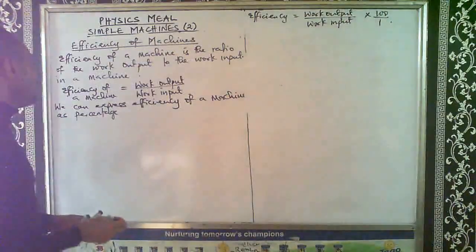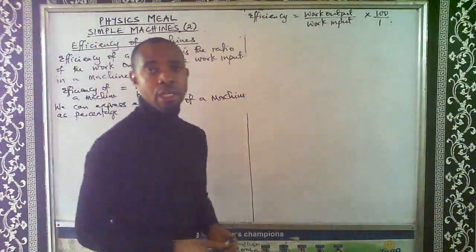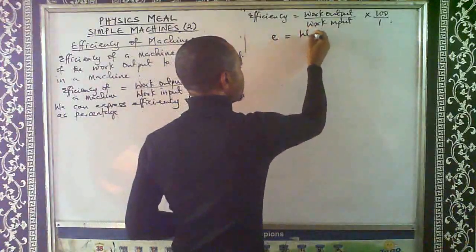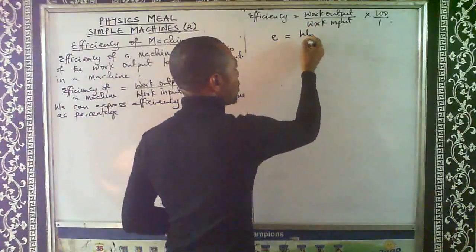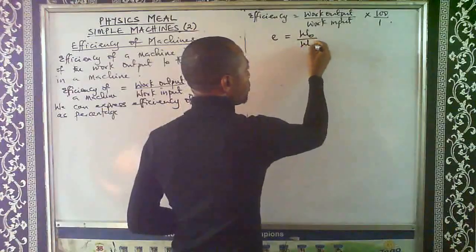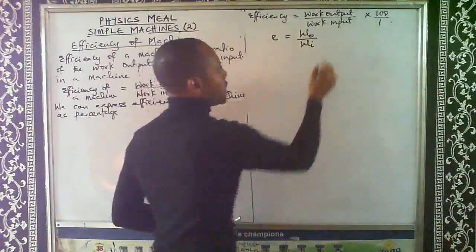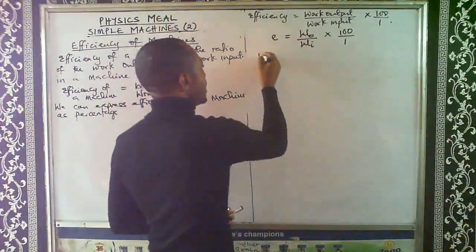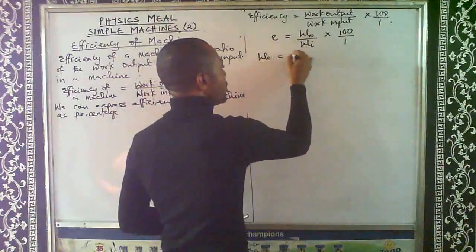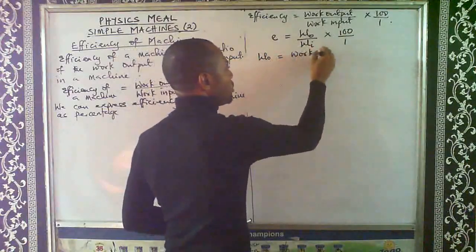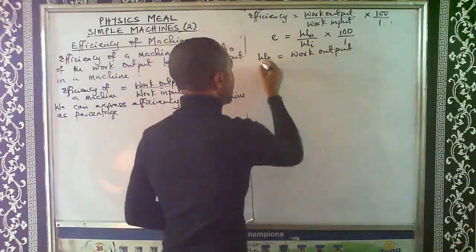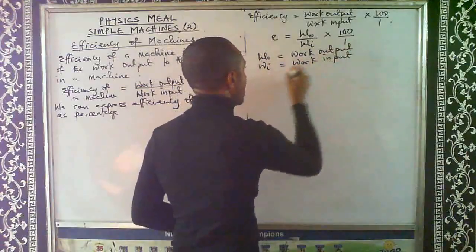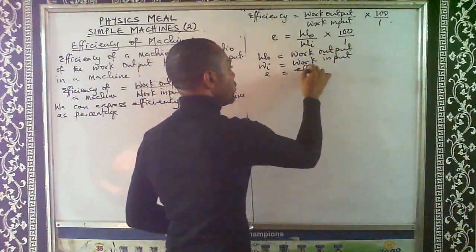If we represent efficiency with E, work output as W sub O, and work input as W sub I, then efficiency E equals W_O over W_I times 100. Here WO is work output, WI is work input, and E is efficiency.